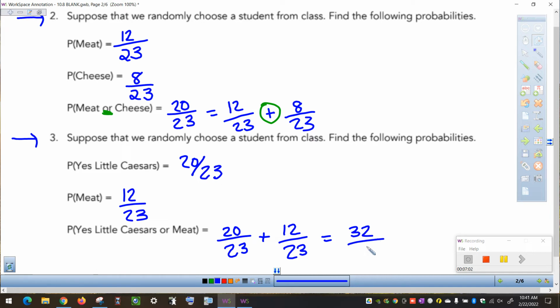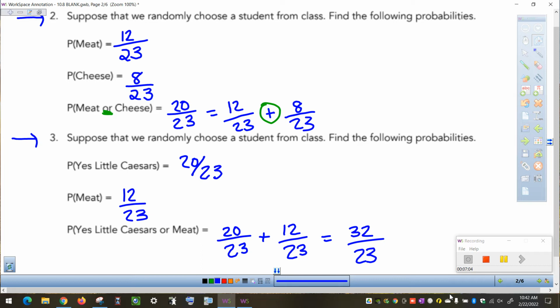Well, it seems that maybe I've made a mistake here because I'm getting a fraction that's not possible. Here I have 32 students, but it's still only out of 23. So we need to make a little adjustment here to our process. We know it's not possible to have a probability anything that's bigger than 1. So there's something interesting going on with the way that these 2 questions are being asked.